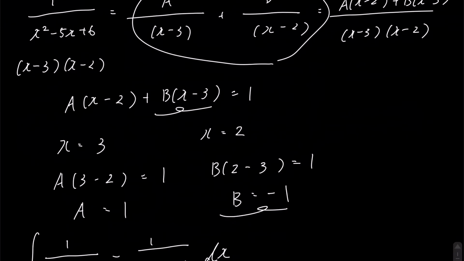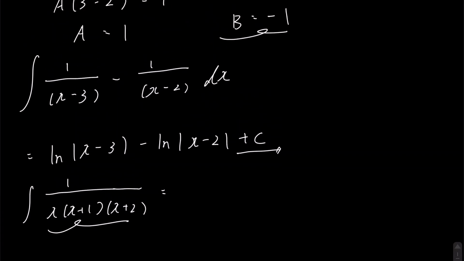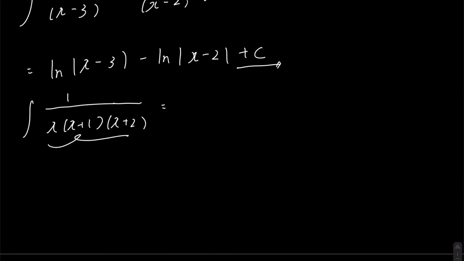So what do we do? This is already factored, so we just have to express it as rational equations. So put a over x plus b over x plus 1 plus c over x plus 2.